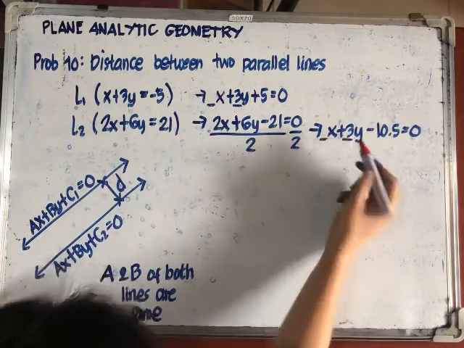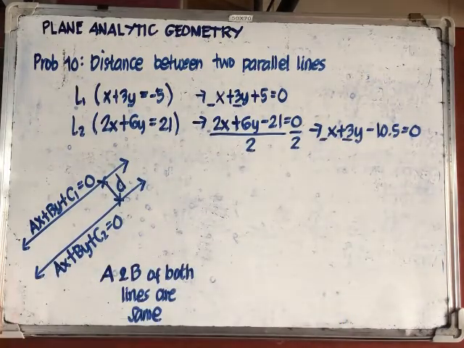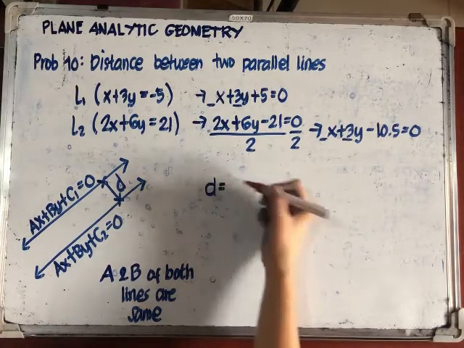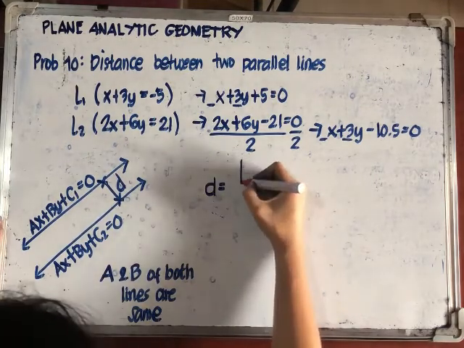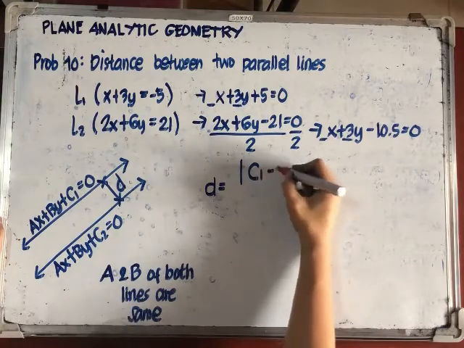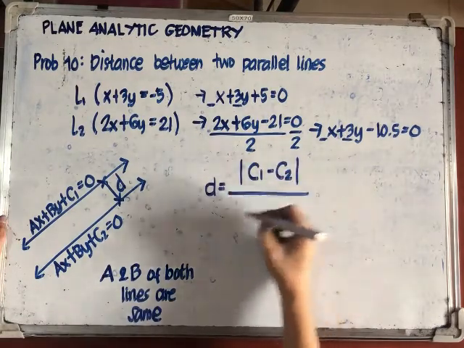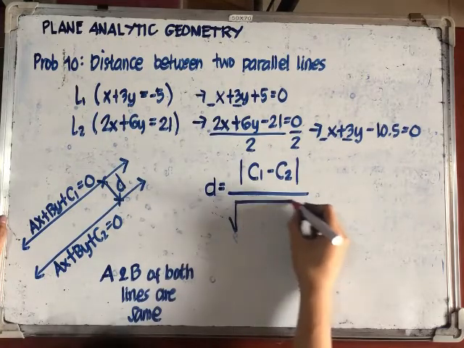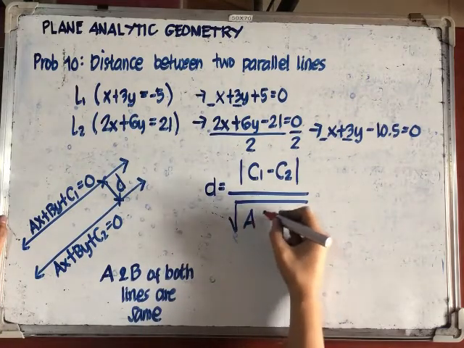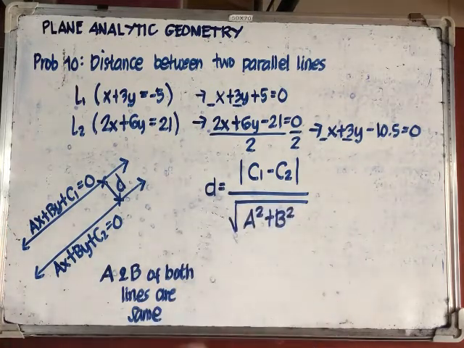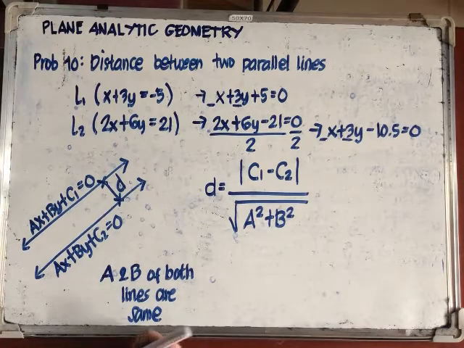So, in that case, makikita nyo na pareho na yung A and B values nila. Kasi yun yung kailangan natin para gumana yung formula for this type of problem. And ano daw yung formula? Distance between two parallel lines, d is the absolute value of C1 minus C2 over the square root of A squared plus B squared.